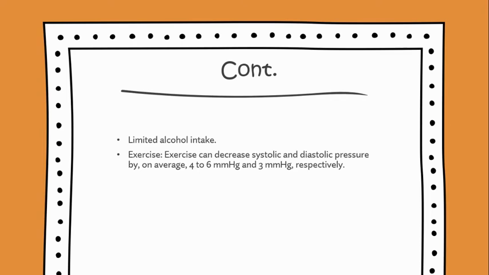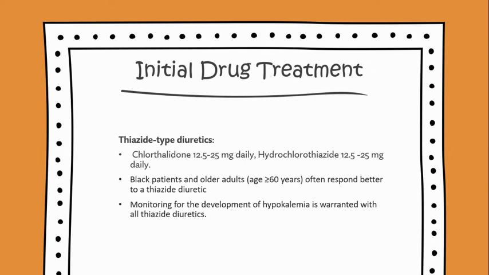Limited alcohol intake, and exercise, as exercise can decrease systolic and diastolic pressure on average by 4 to 6 millimeters of mercury and 3 millimeters of mercury, respectively. Initial drug treatment: thiazide type diuretics.